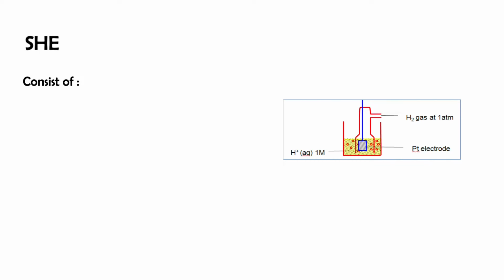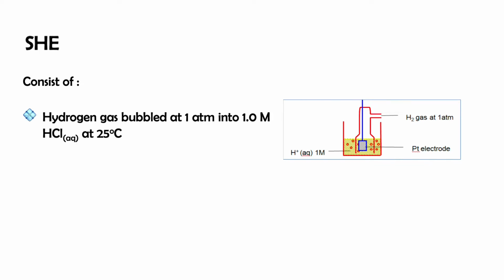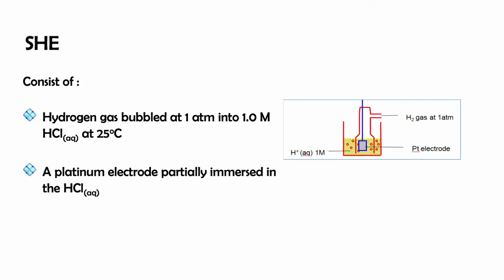Now, the standard hydrogen electrode consists of hydrogen gas that is bubbled at a pressure of 1 atm into 1.0 molar hydrochloric acid at 25 degrees Celsius. And a platinum electrode is immersed in this HCl.